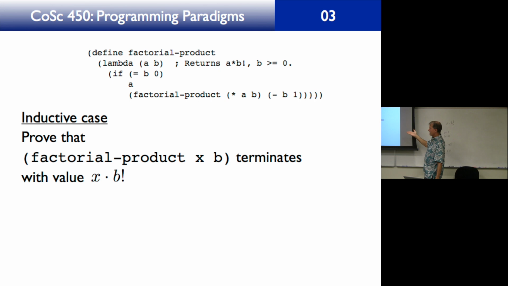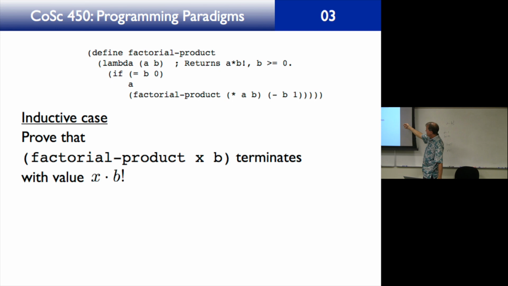But assuming what as the inductive hypothesis? X times b minus 1. No, not times b minus 1. Factorial times b. Huh? No, wait. What is our specification here? What does it say up here? A times b factorial. So we want to prove that this terminates with this, assuming what?